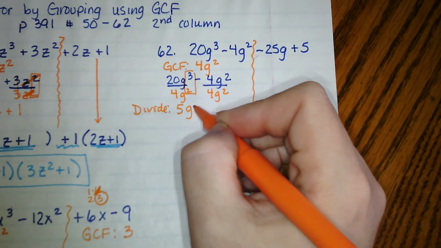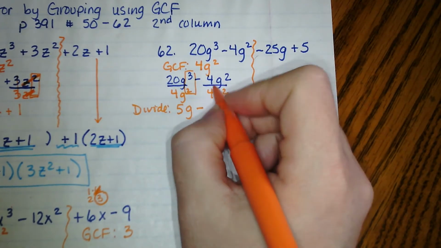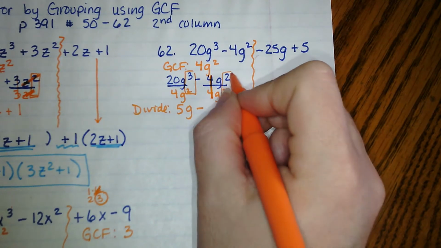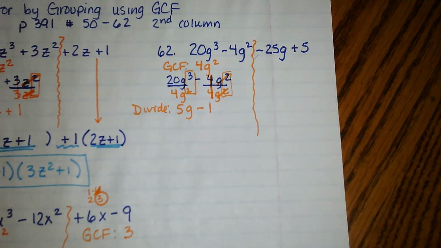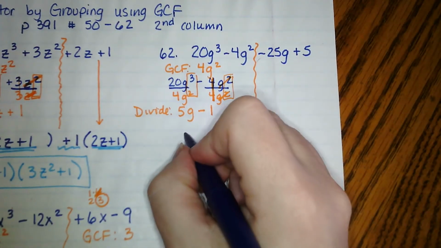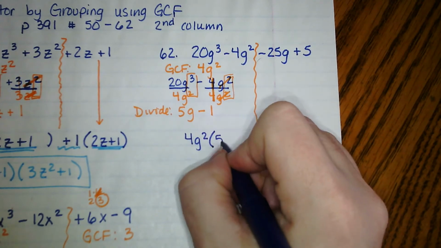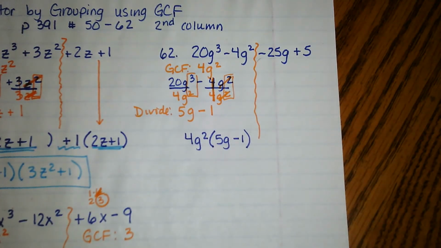This is 3 minus 2, which is 1. Then we have a minus sign. 4 divided by 4 is 1, and the g squared terms cancel. This is just a 1. So on the left side, I've got 4g squared, parentheses, 5g minus 1. So that's all on the left side.